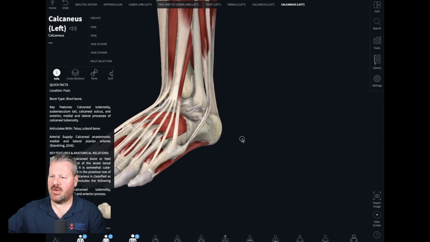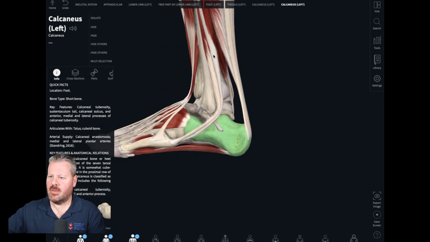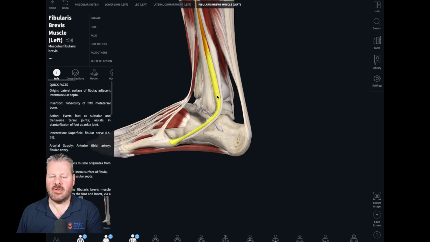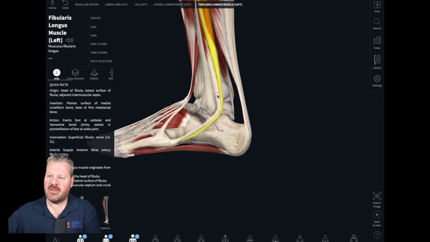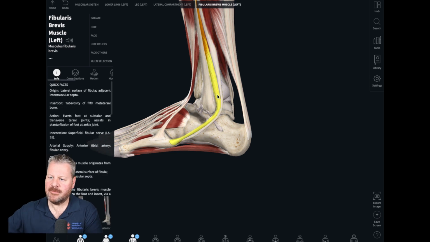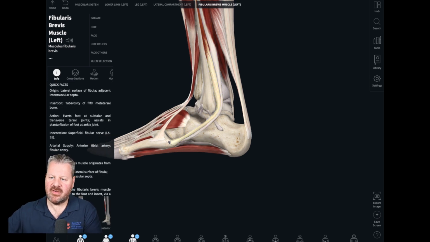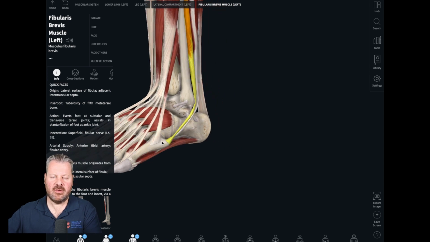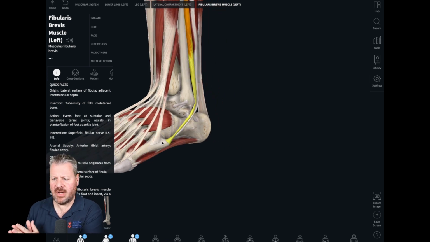Let me just move back round to the lateral side, because we can also see here we've got peroneus or fibularis brevis as well. So longus disappears down under the foot, brevis, shorter muscle, attaches to the base of the fifth metatarsal, and quite often this is a point of an avulsion fracture with a lateral ankle sprain.